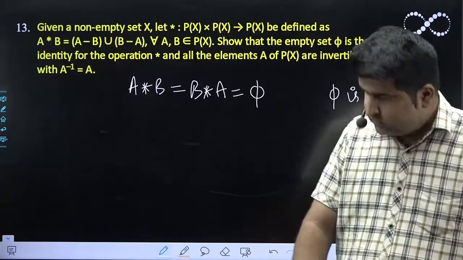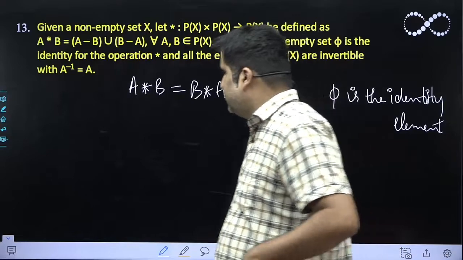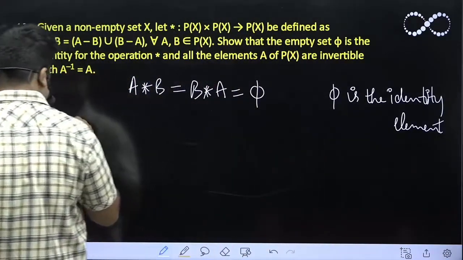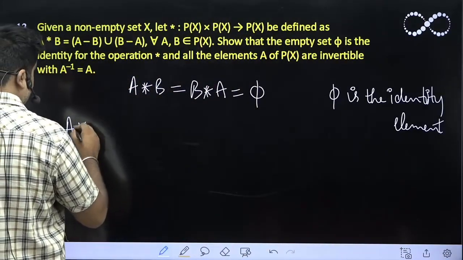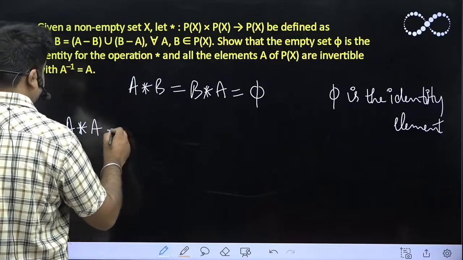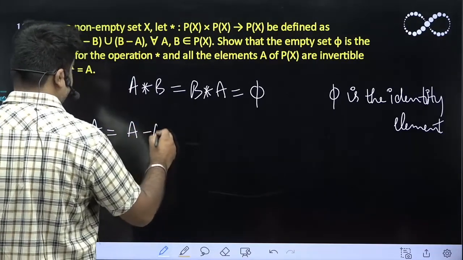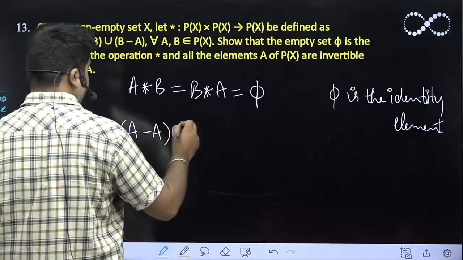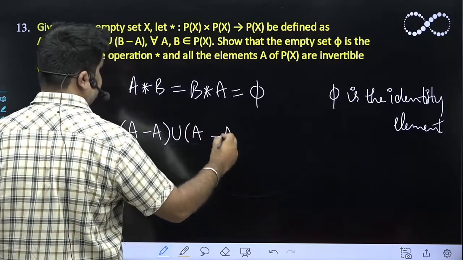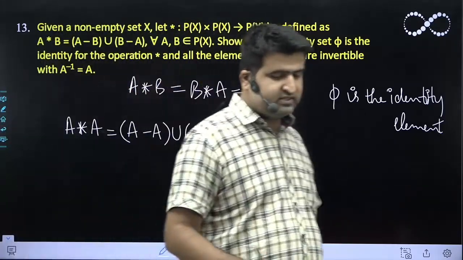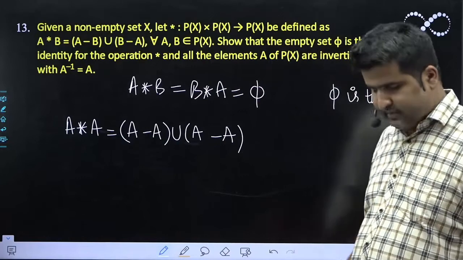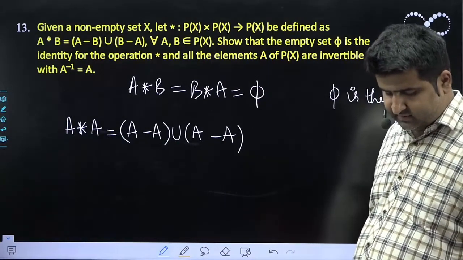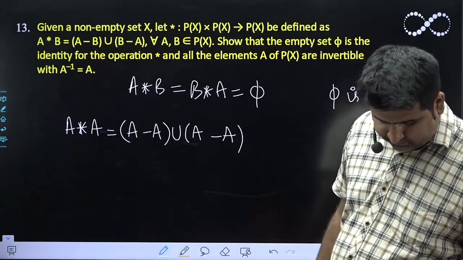So if you actually take A star A, what will you get? Let's see. You get (A minus A) union (A minus A). Now what is this equal to? Is this equal to phi? Yes. Since what is A minus A?